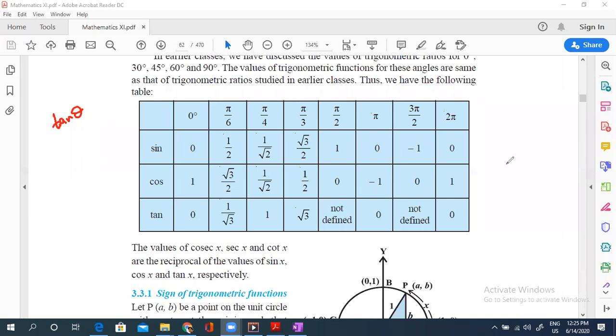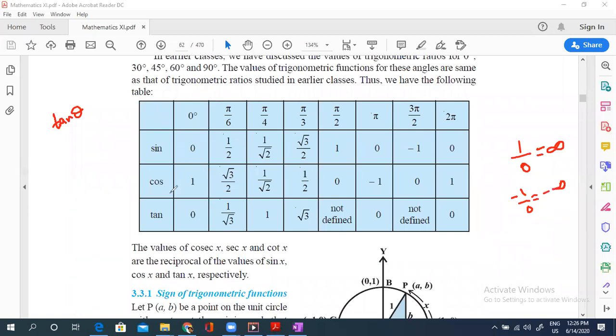Okay, what is 1 by 0? What is 1 by 0? It is infinity, right? And what is minus 1 by 0? It is minus infinity. Got it?